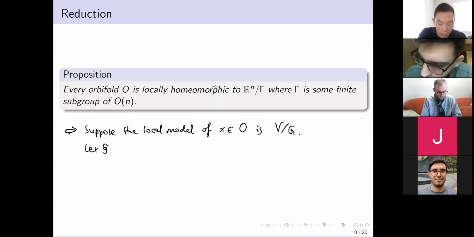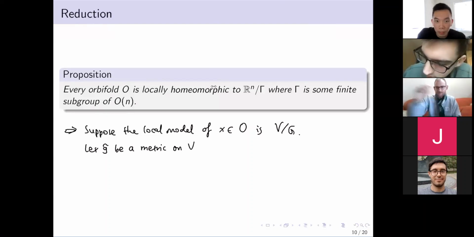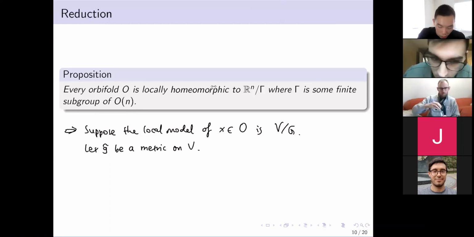Let G tilde be a Riemannian metric on V. You can pick this to be just the Euclidean metric, it doesn't matter. Then I want to pass this metric to the quotient.